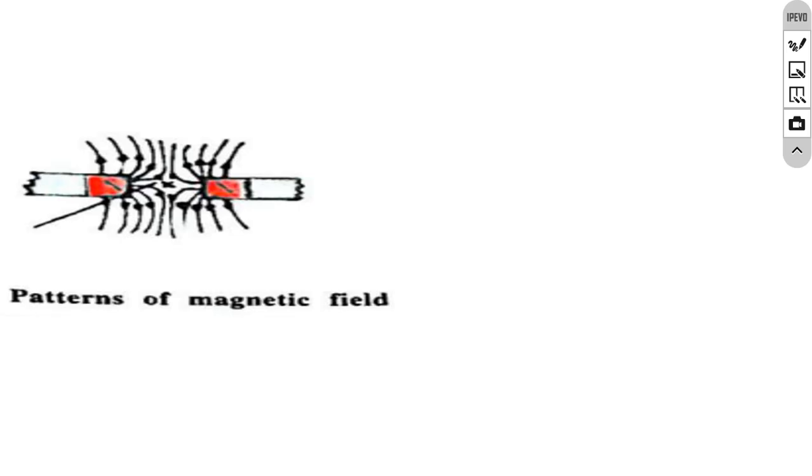Look at this other figure. You have two like poles and a point in between the two poles marked X. That point is referred to as the neutral point. The point labeled X in the figure is called the neutral point.